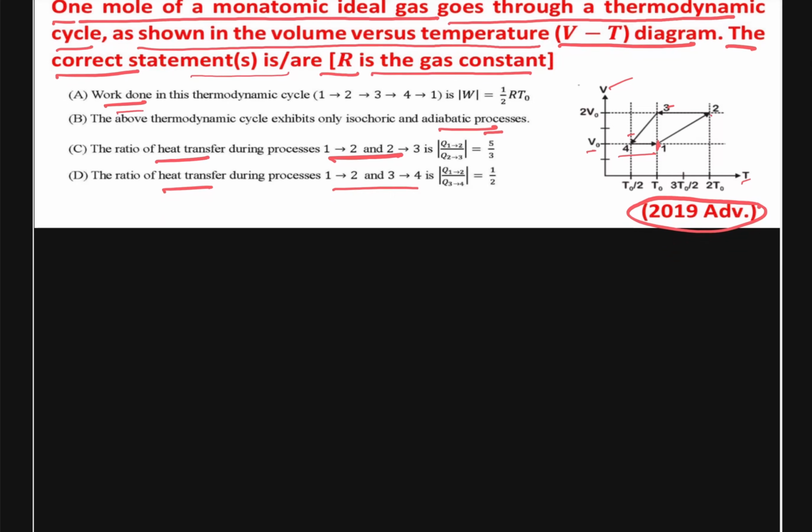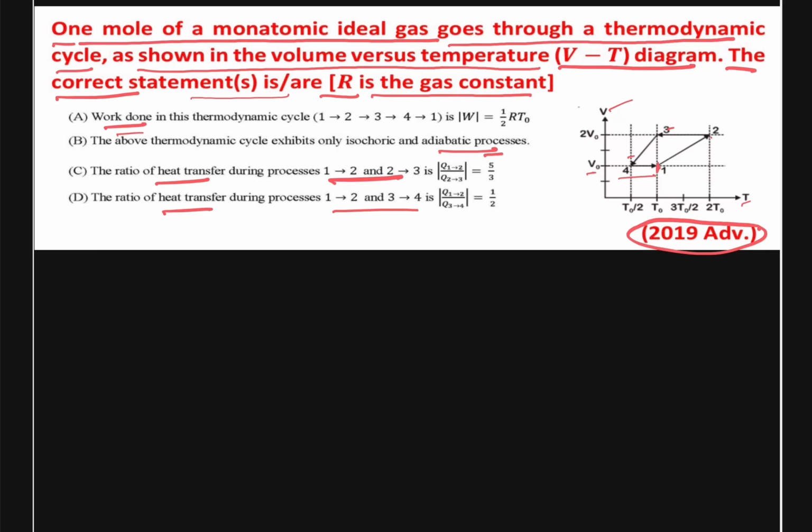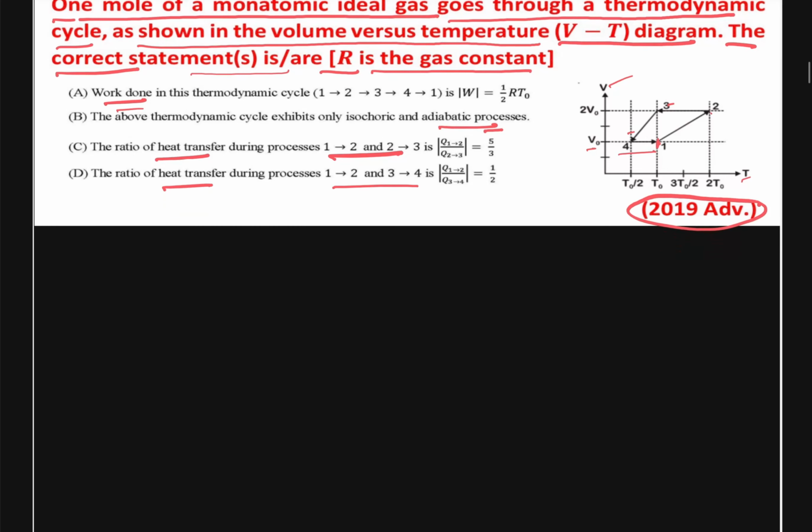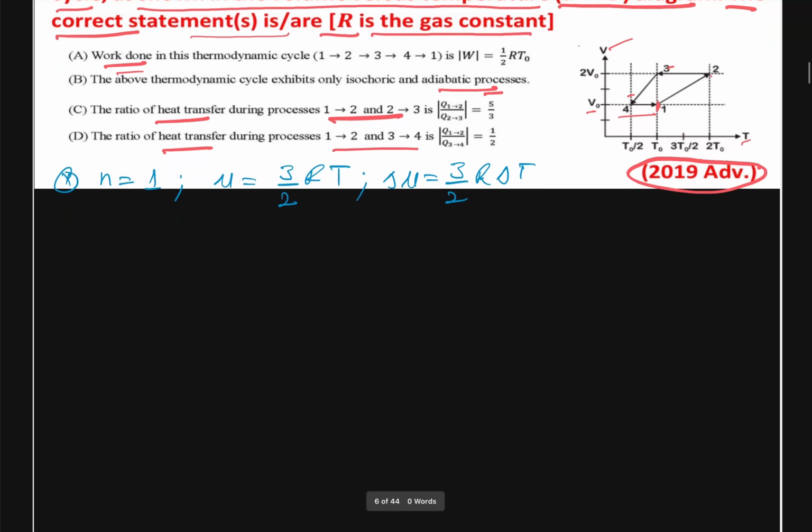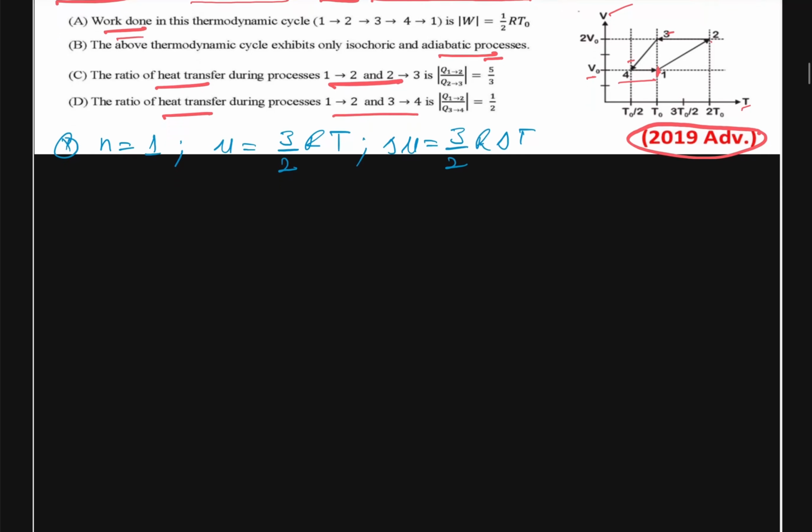So we are basically given 1 mole and the gas is monatomic. So we can say that the number of moles is 1, and for monatomic we can say that our internal energy U will be equal to 3/2 RT, or we can say our change in internal energy will be equal to 3/2 R and change in the temperature, that is delta T. And we also know the value of the specific heat for constant pressure and volume.